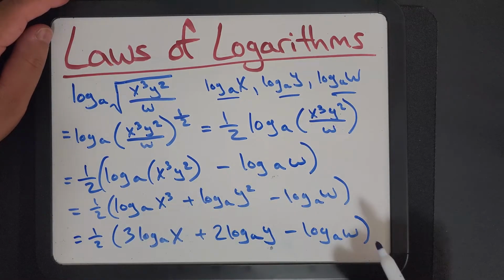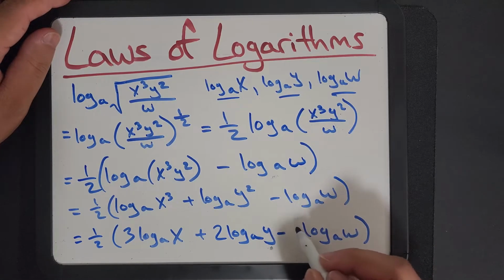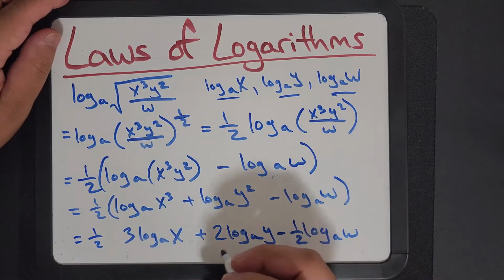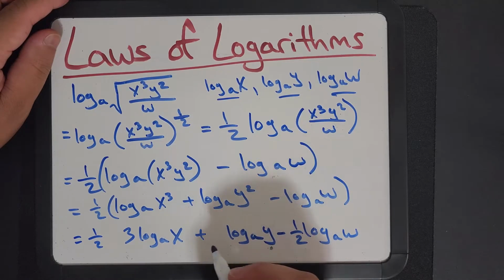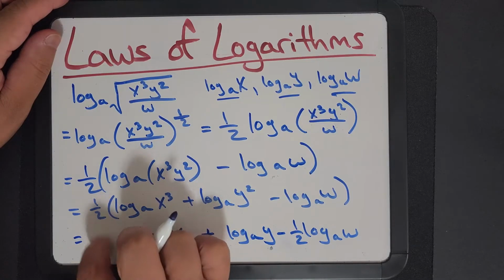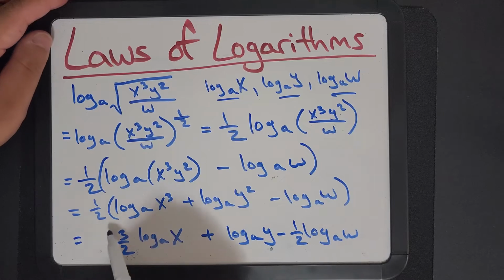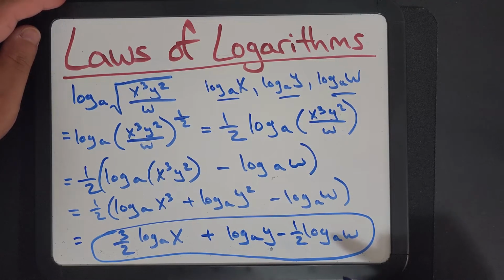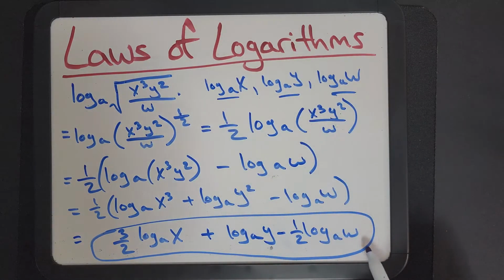Multiply this, like open the bracket up. So I can write 1 over 2 for this one. This one would just be 1 because it'd be 2 over 2. So I can write like that. And our first one would become 3 over 2. And there we have our end result from this all the way to this.